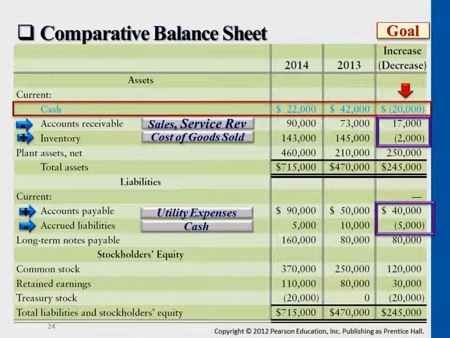So the cash dollar amount here was subtracted. Oh, sorry. I mean, it should be the 2,000.